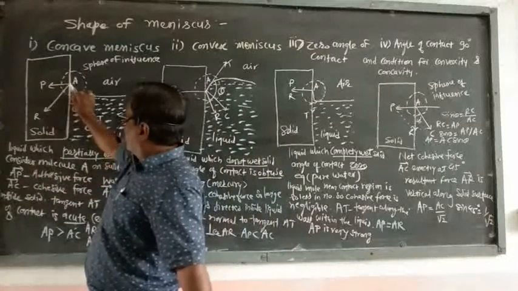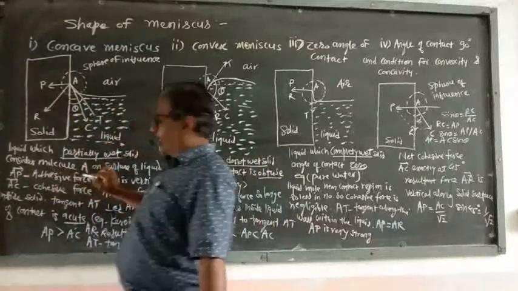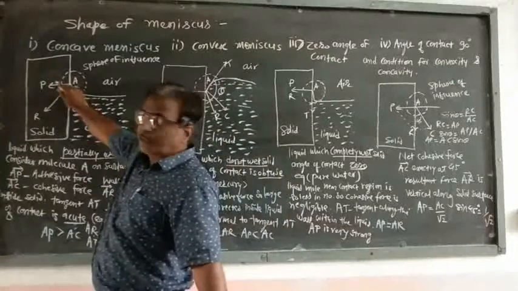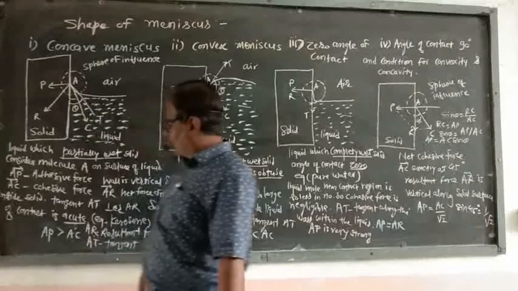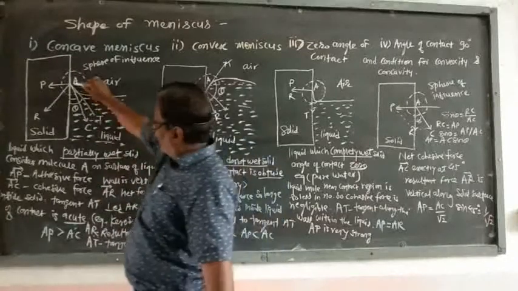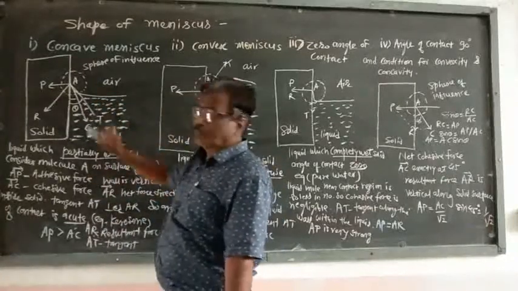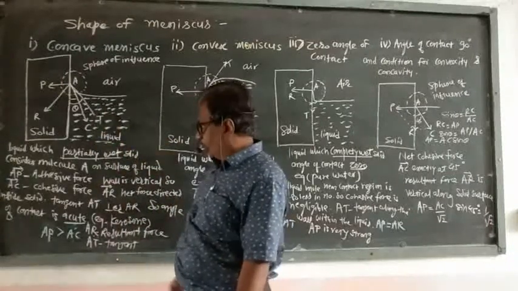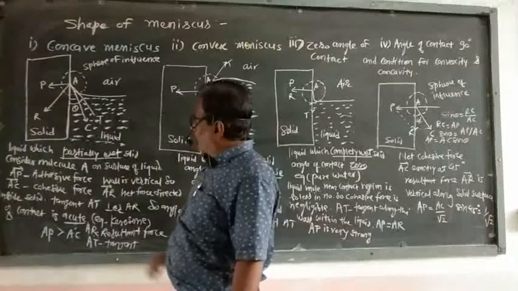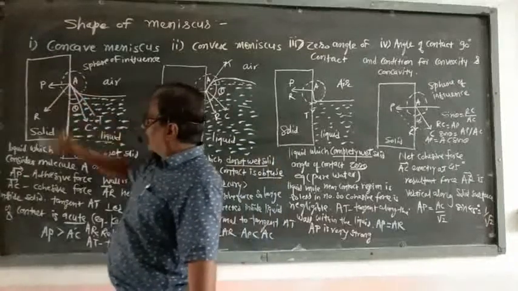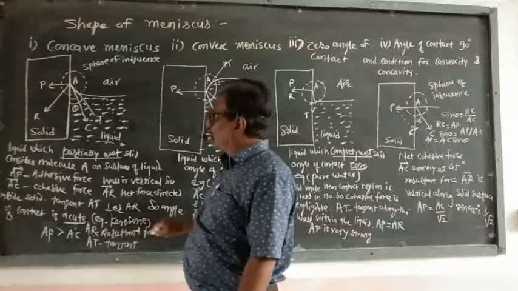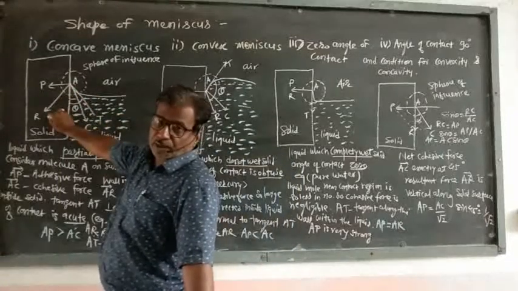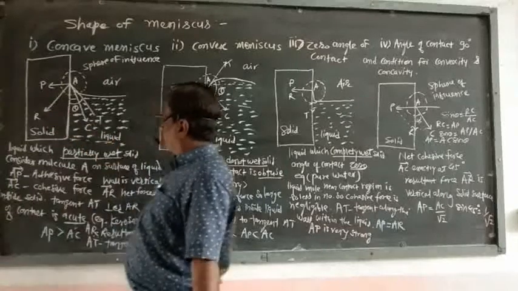Here AP is called the adhesive force, that is the force of attraction between the liquid and glass. Then AC is known as the cohesive force, the force of attraction between water molecules. Then AR is the resultant force, which is directed outward to the solid surface.